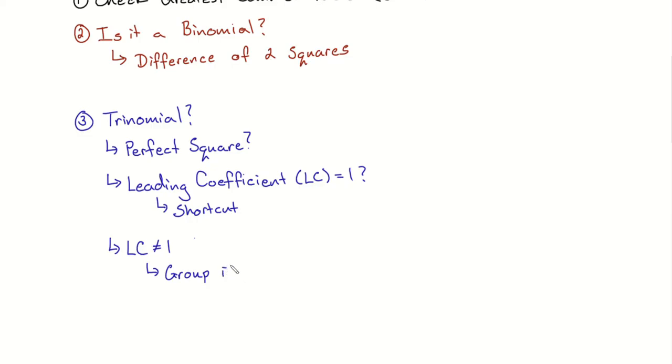The last step for today, at least, if the leading coefficient is not 1 and we can't group it, then our very last option, and this is more so with solving, is everybody's favorite thing, the quadratic formula.